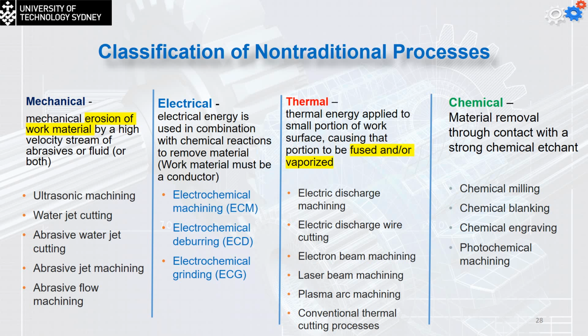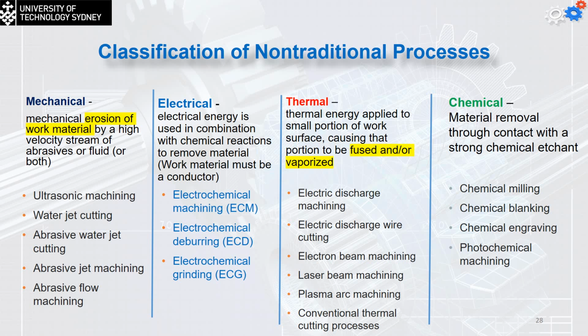Otherwise, if I send a spark against plastic or wood, nothing would happen. It's not going to attract the electrical thing. Examples are the electrochemical machining process, known as the ECM, the electrochemical deburring, which is the ECD, and the electrochemical grinding, which is the ECG.